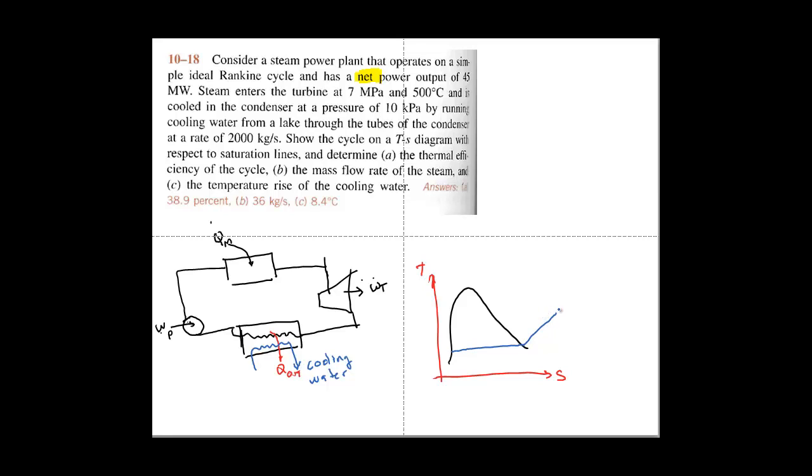This is our condenser pressure, 10 kilopascal, and this is our boiler pressure, 7 megapascal. And then we know that we have our pump going from 1 to 2, connecting both lines, and then the turbine will draw a vertical line since it's an isentropic, so it's 3 to 4.